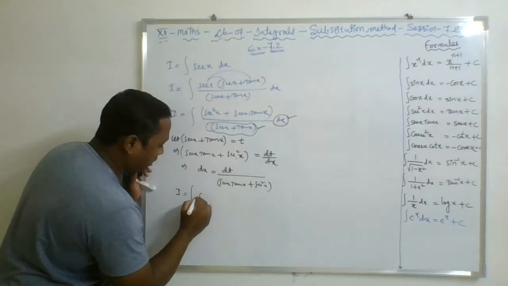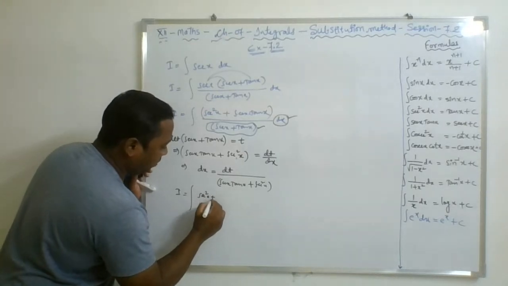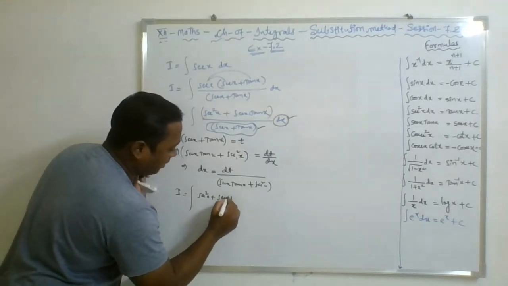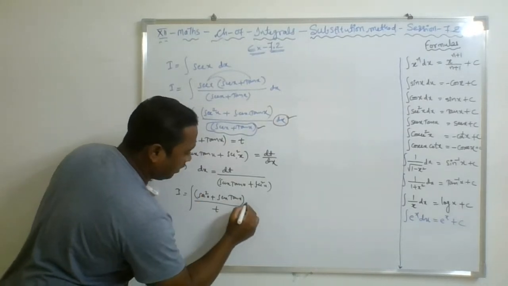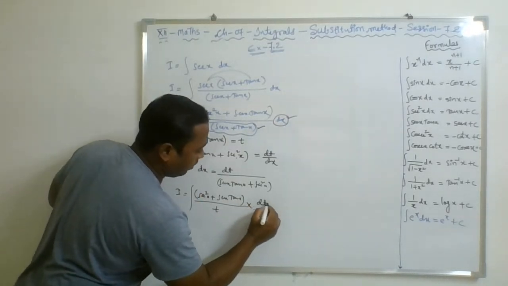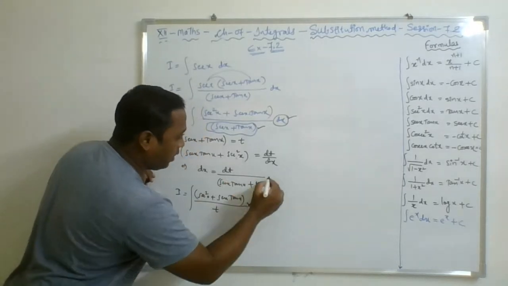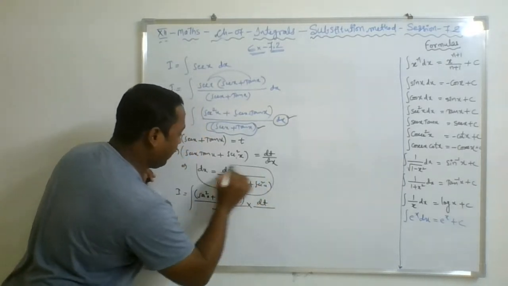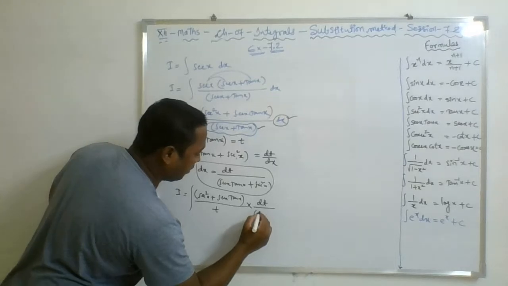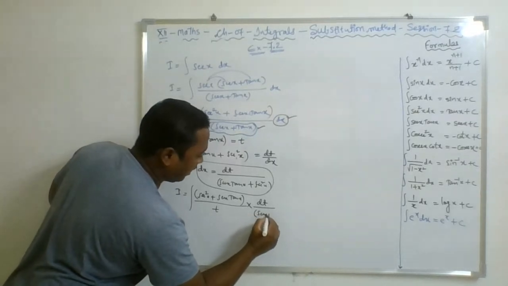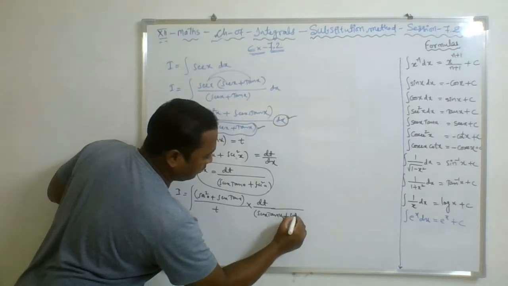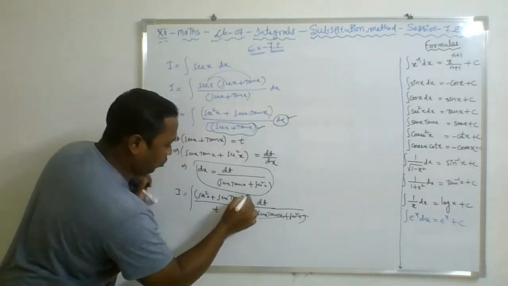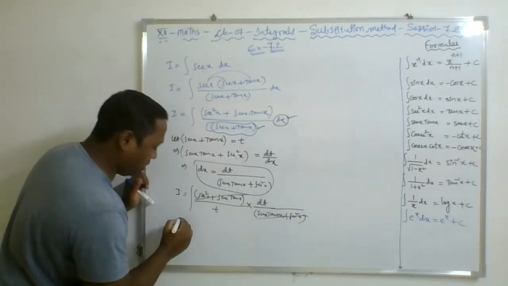It becomes sec square x plus sec x into tan x upon t into dx, and the value of dx changes to dt upon sec x tan x plus sec square x. These two will be completely cancelled.